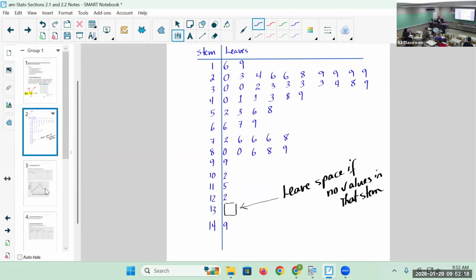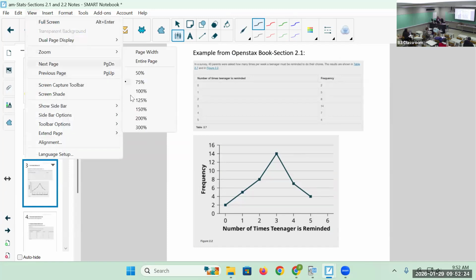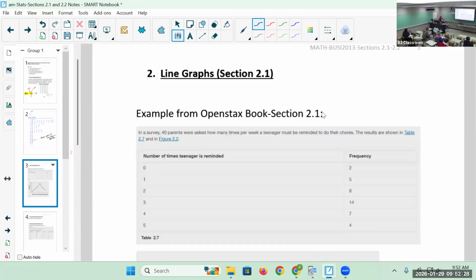But for a lot of other types of graphs, we're just learning what they are and how they work because we are interested in interpreting some of the information that we're given. So we start with line graphs. These are pictures from your book, the OpenStax ebook that you have.